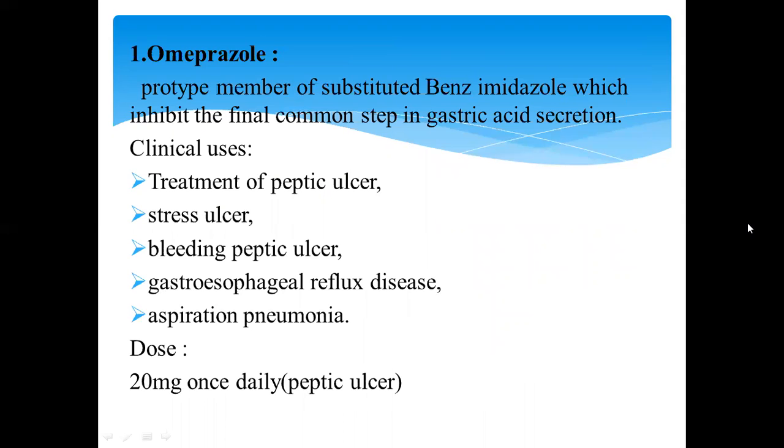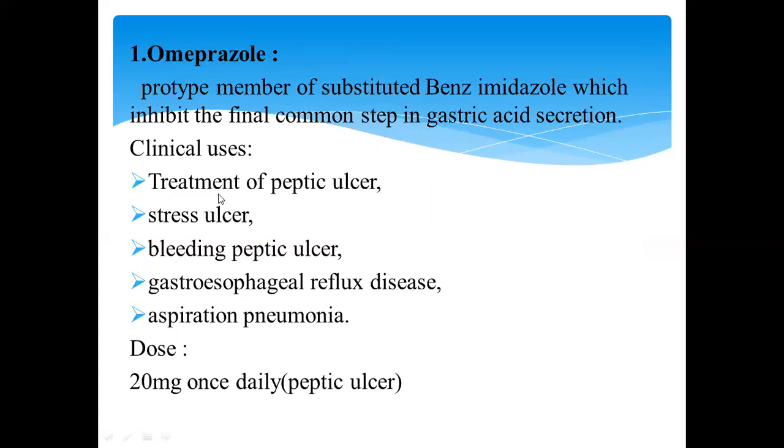So the first drug, that is omeprazole. It is a prodrug member of substituted benzimidazole, which inhibits the final common step in gastric acid secretion.